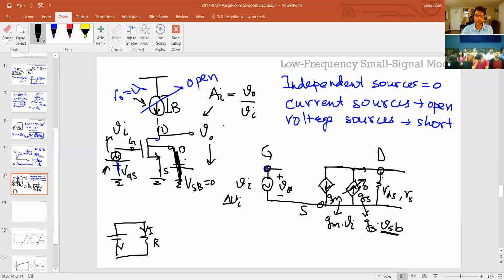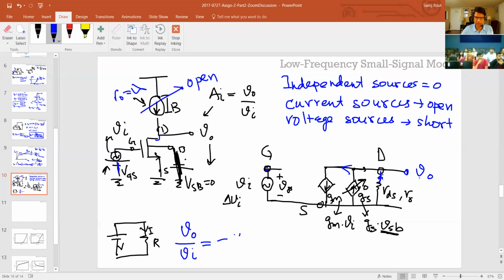And you can see from here, that's what the self gain means, because that's your V out. So if I want to find out the relation between V out and VI, I won't go through the entire equation because it's pretty easy to figure out, because all this current which is flowing out, which is GM times VI, is actually flowing out of this RDS, which means that V out is equal to this current times RDS.